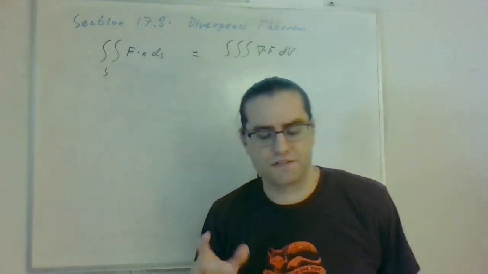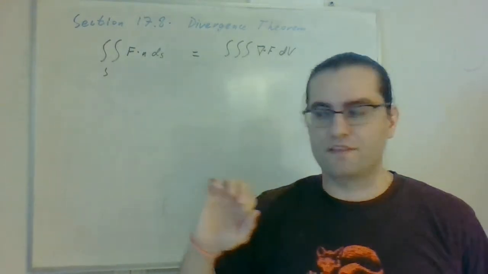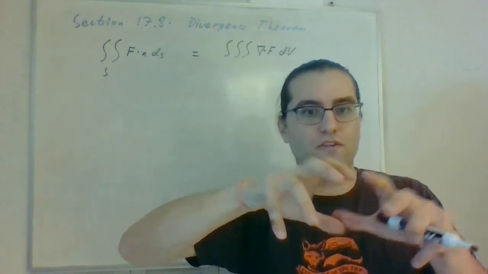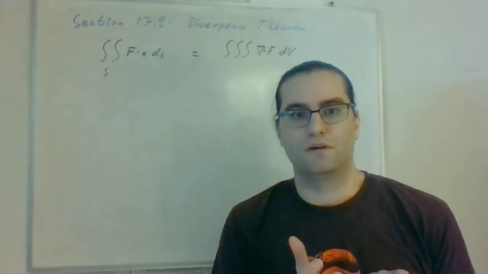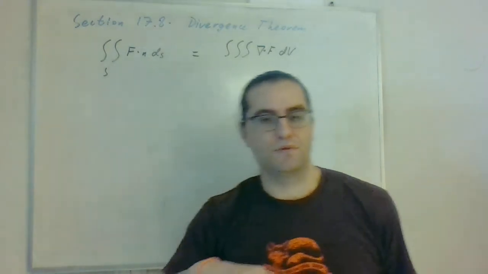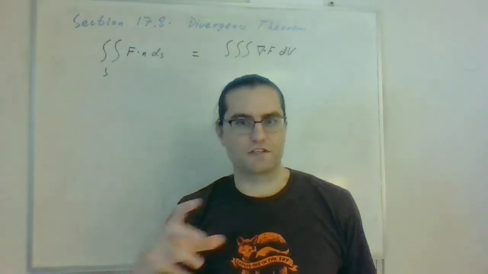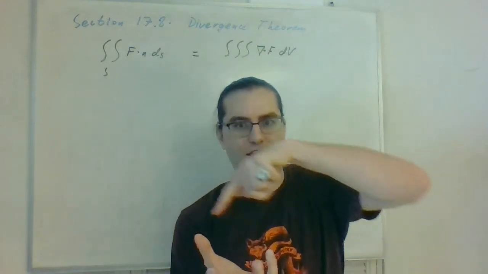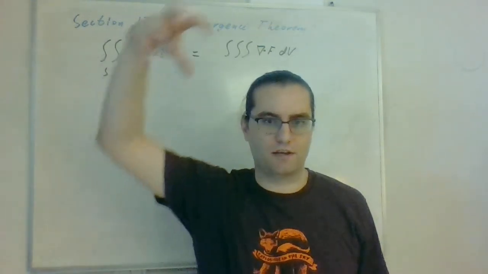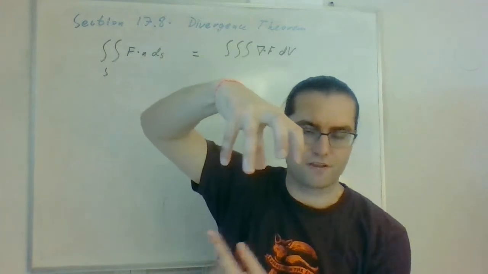There are a couple conditions. The flux integral needs to be a closed surface. When we did Stokes theorem, all of these were open surfaces because we needed them to have an edge. So we were looking at half spheres that had that circular edge around the top, and paraboloids that had a circular edge around the bottom.